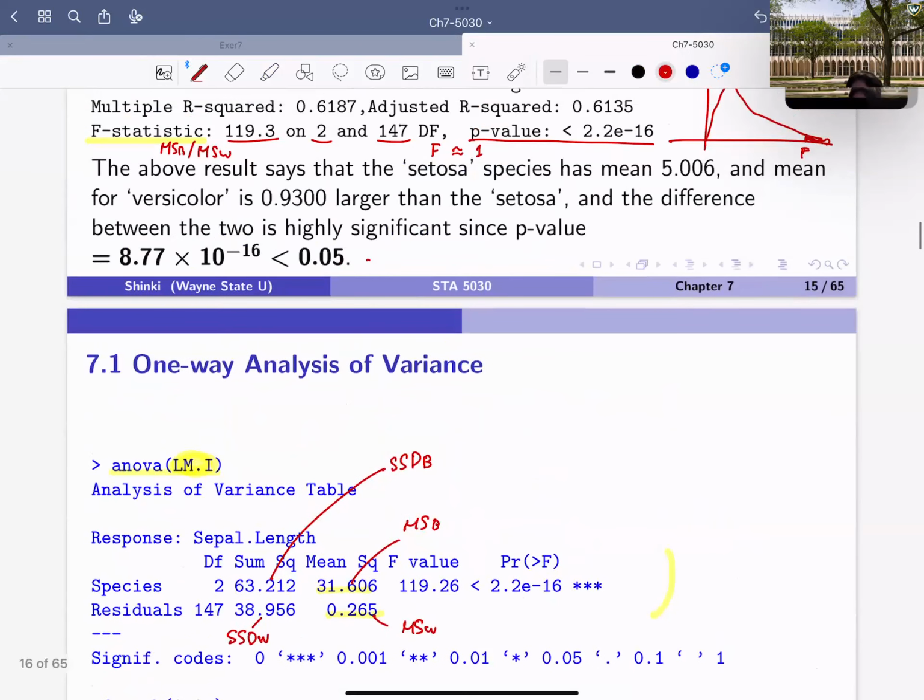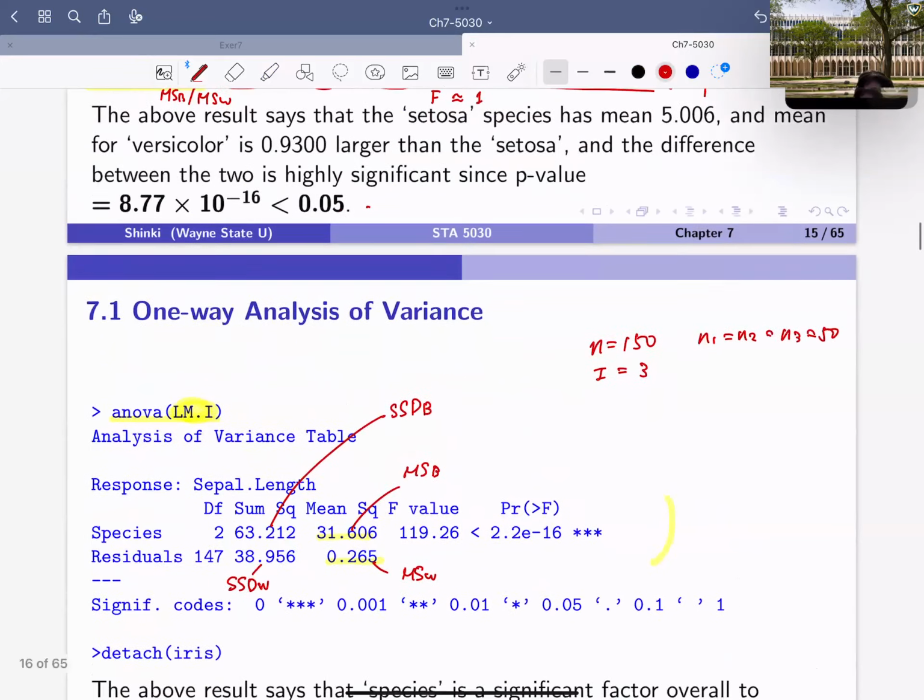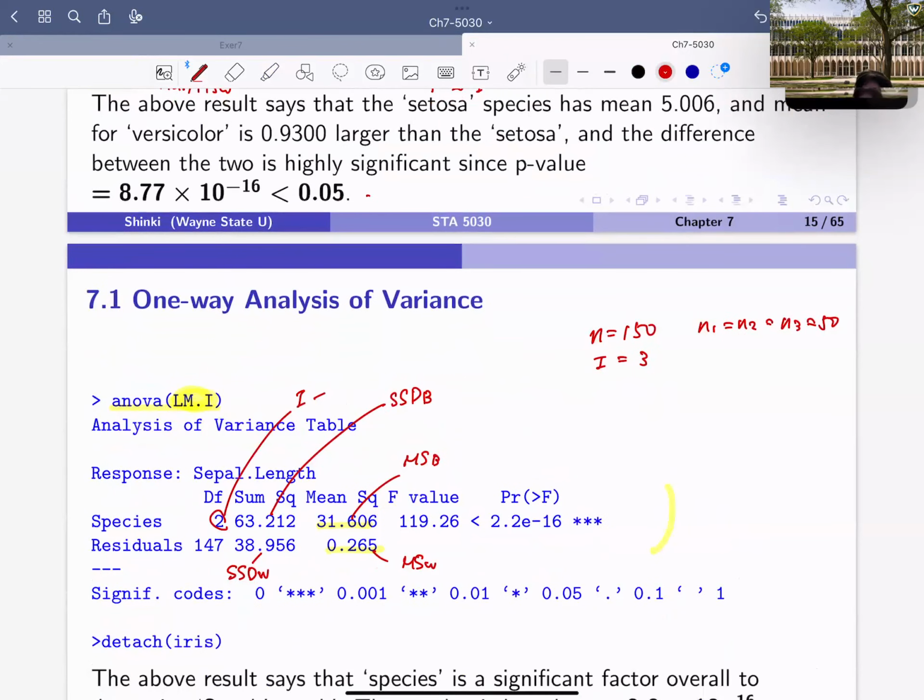We have 150 observations and 3 groups, and all of N1, N2, N3 are 50 in this case. So we can see this is I minus 1, and this is N minus I. These numbers are used to standardize SSDB and SSDW. 63 divided by 2 is 31 point something. 38 divided by 147 is about 0.26, and so on.